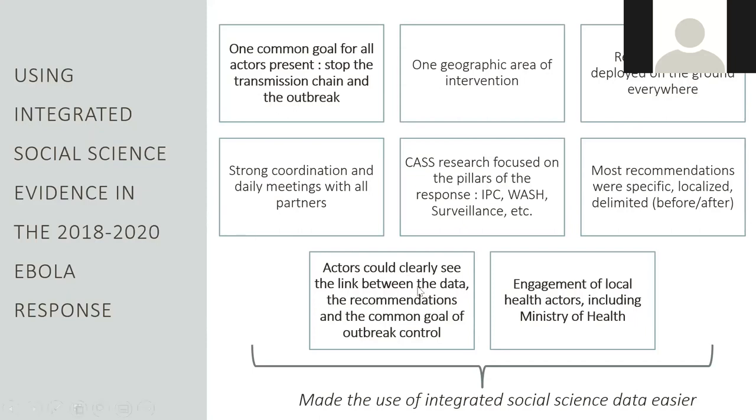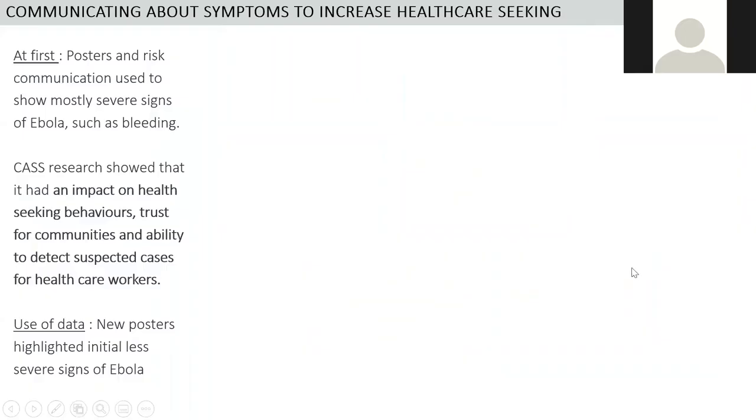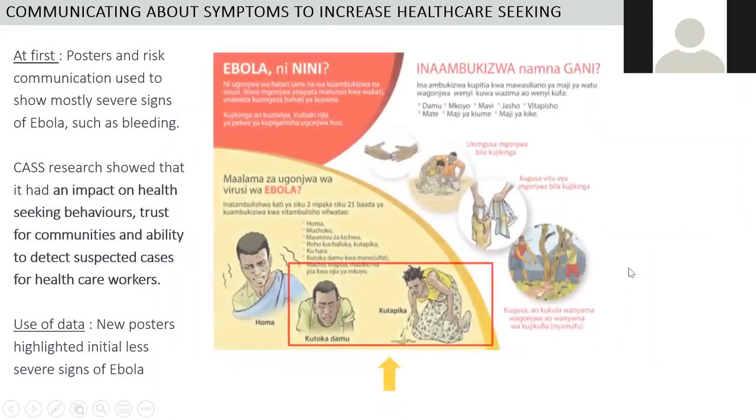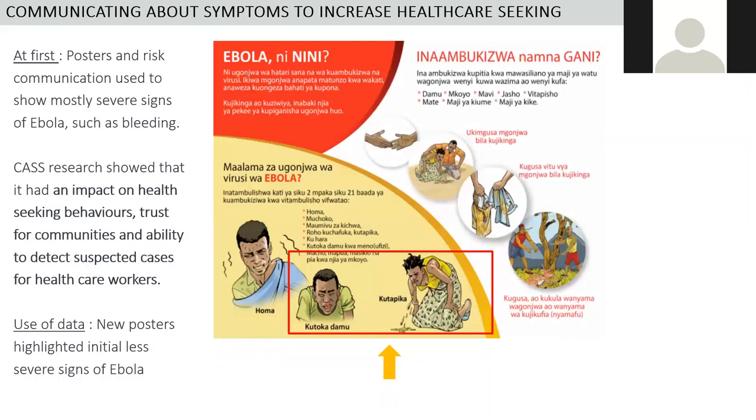So to give you a more concrete example of what I mean, here looking at communication, what we found is that initially, the messages and the posters about the Ebola symptoms focused a lot on the very severe signs of Ebola, such as bleeding. You can see here at the bottom of this poster.